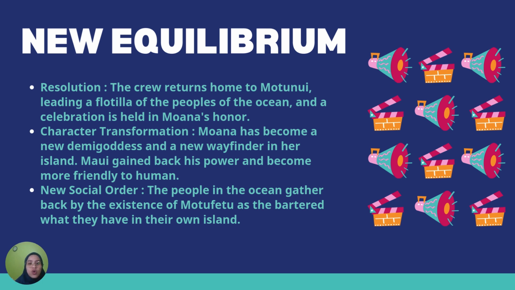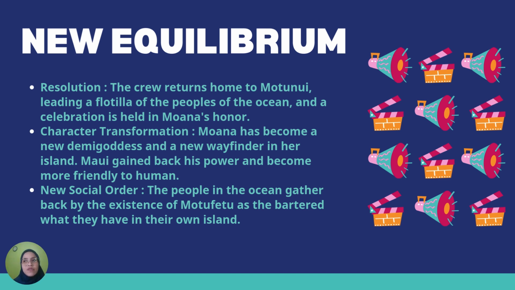The new social order: the people in the ocean gather back with the existence of Motofeto, and what they have on their own island, they exchange. We call it barter, an exchange of economic things.